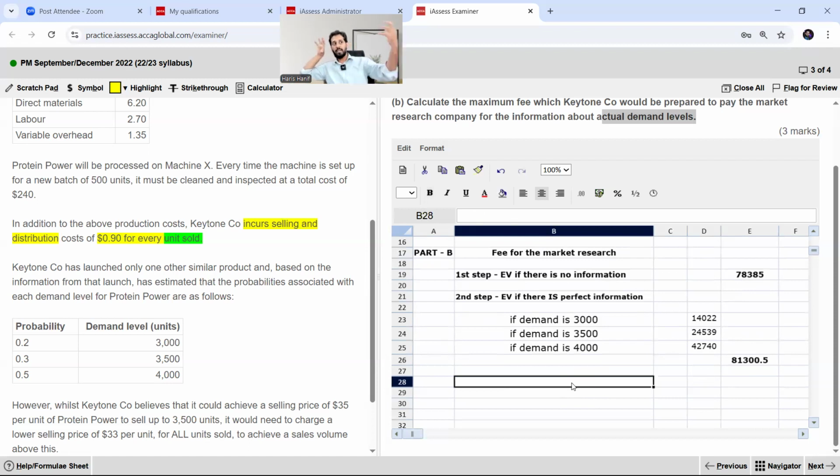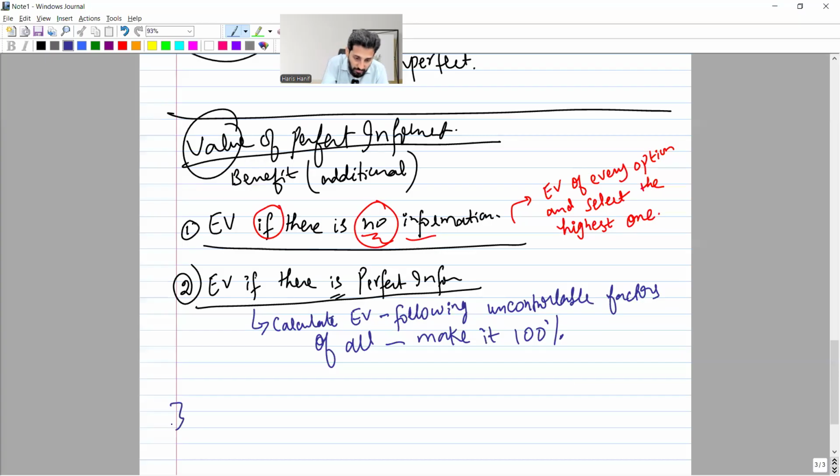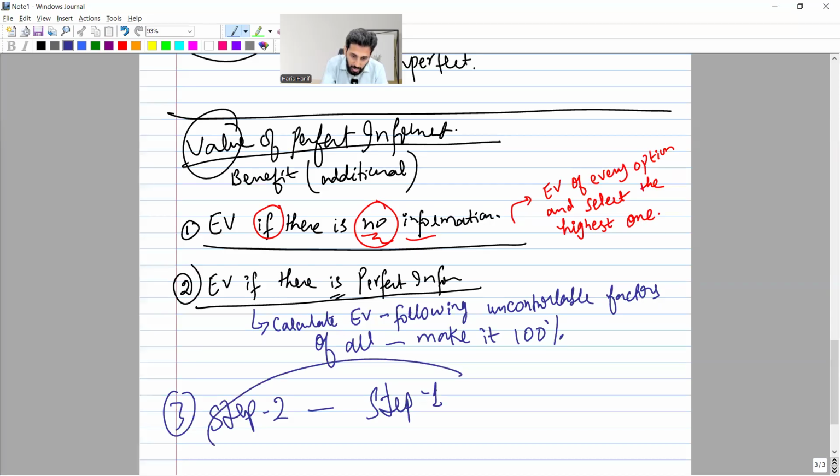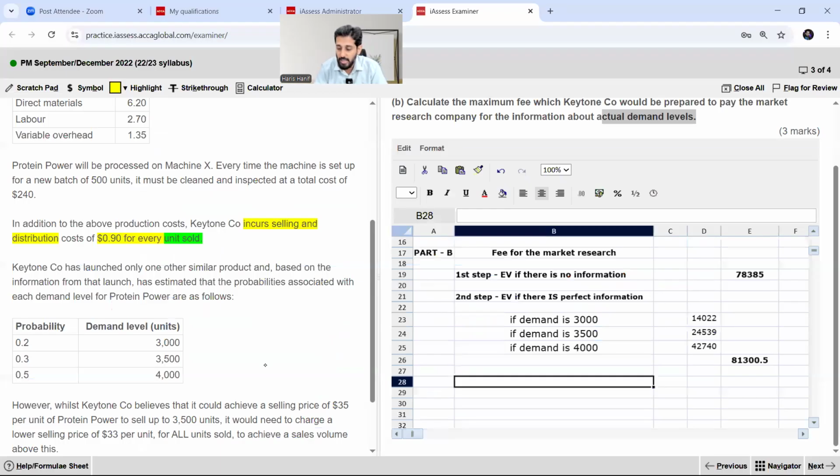When I get perfect information, I am getting 81,300.5. So you have to take the difference of the two, step number 2 minus step number 1. That's called the value of perfect information.